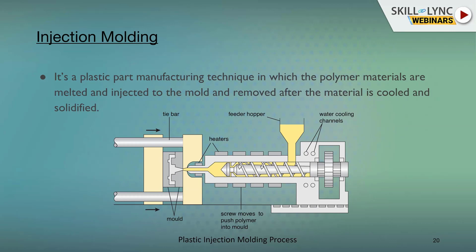The core part moves outside, and it has strategically placed ejector pins, so that when the material is cooled and solid enough to be taken out, those pins help in ejection of the part.